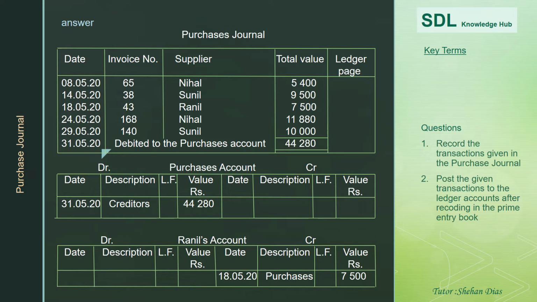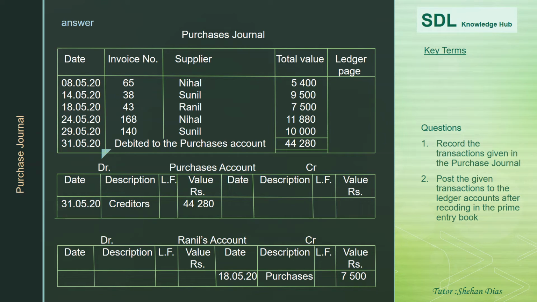So the net value after discounted price, 9,500, under Sunil is recorded. Then from Ranil, 15 calculators at 500 each. There's no discount, so straight away record date 18/5, invoice number 43, under Ranil 7,500.